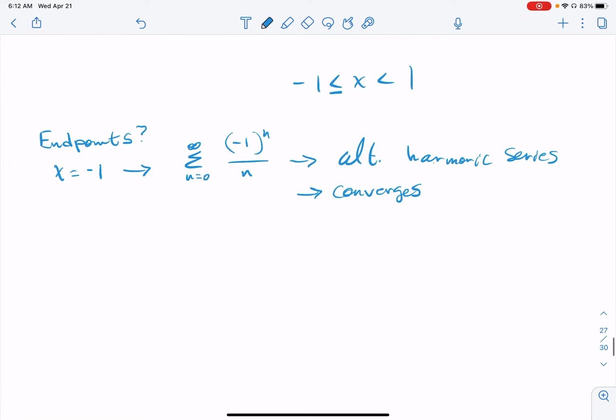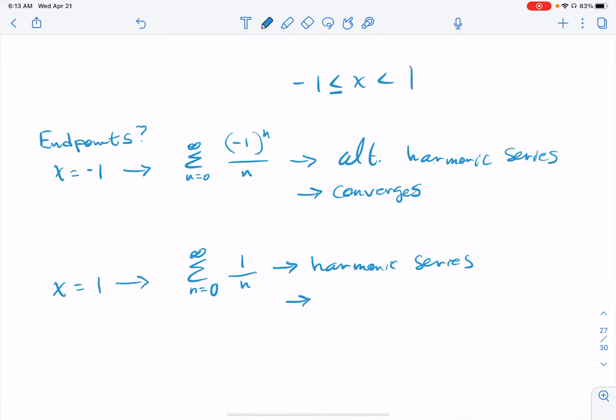How about x equal to +1? Okay, so again, rewrite your series with x equals 1 in the place of x. So I have 1 to the nth power over n. 1 to the nth power doesn't even matter. That's just going to be a 1. And now this one is just the regular harmonic series, which diverges.